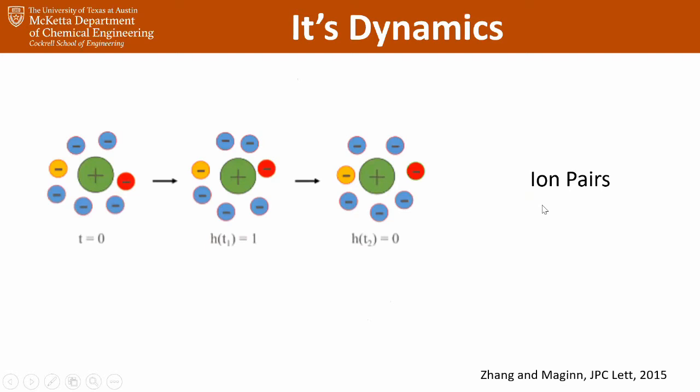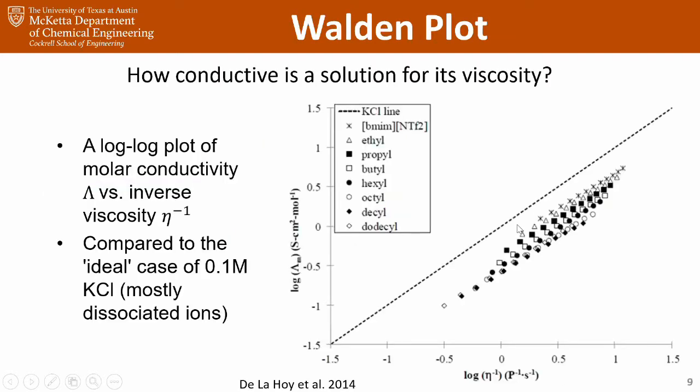I do want to point out that I think sometimes when people look at a Walden plot, they think of how ion paired the ionic liquid is.